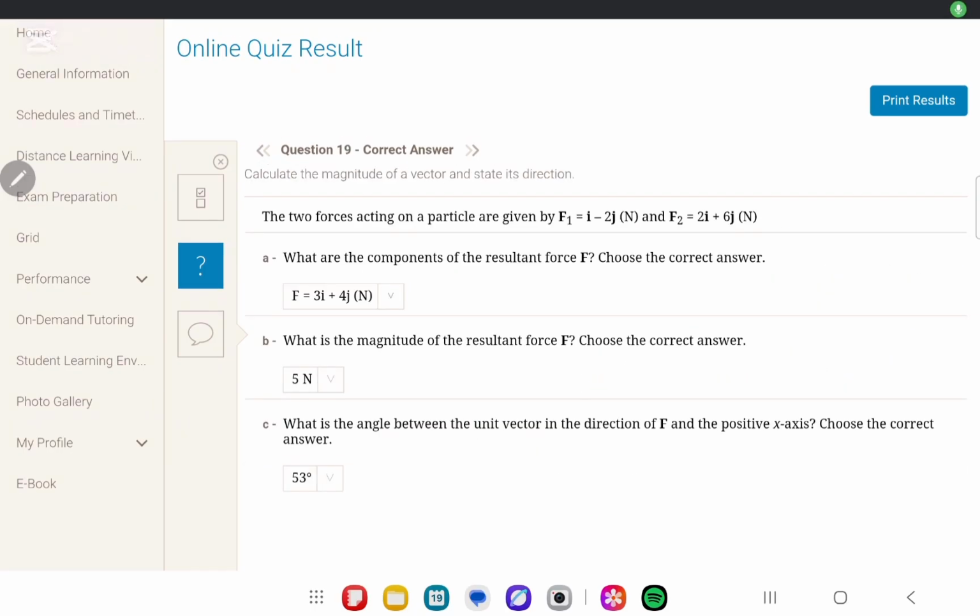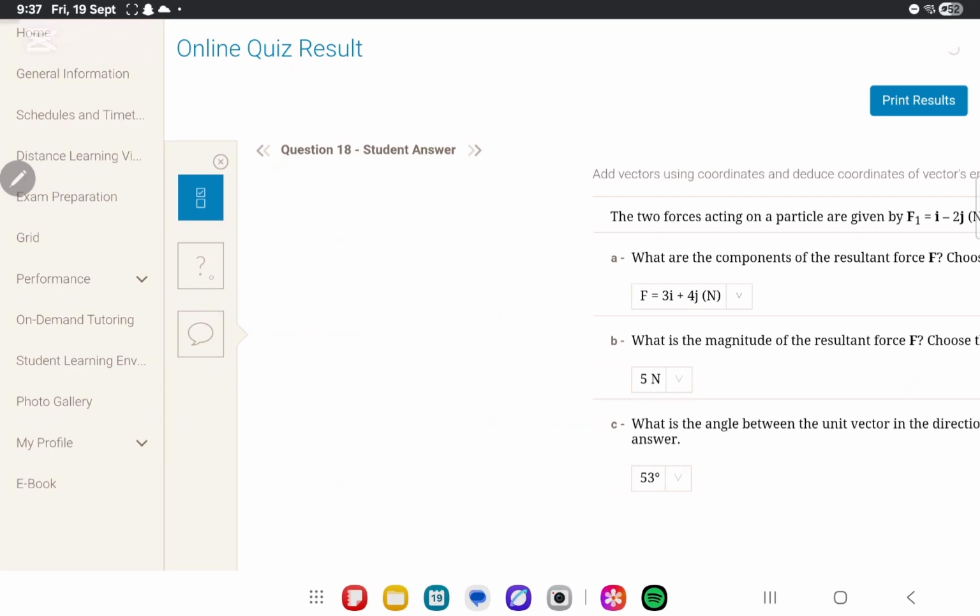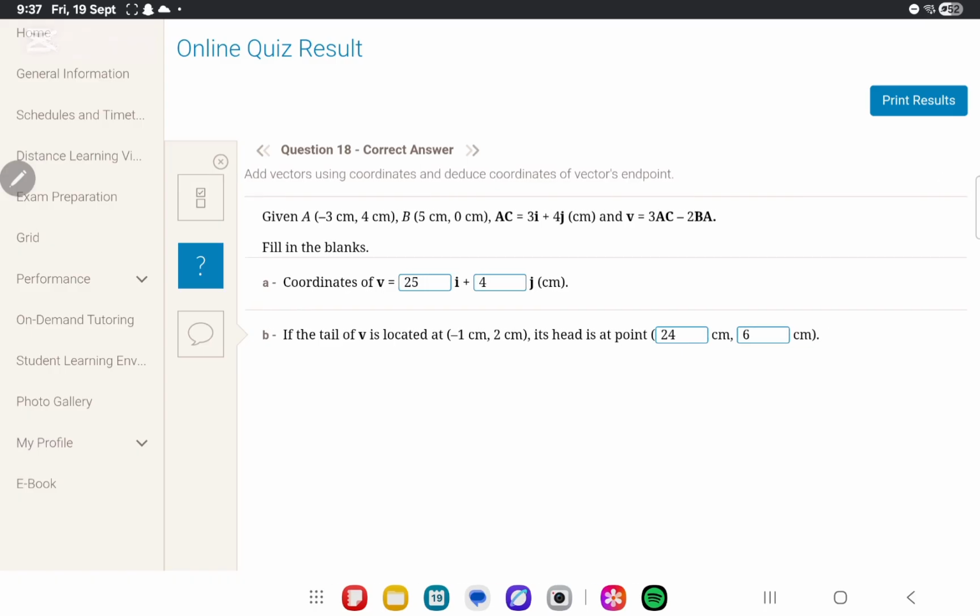So, for question 18, as you can see, it's the same exact question as one I covered literally 20 minutes ago. So I won't be repeating it, because genuinely it's the same exact question. This is the same exact coordinate, 24 and 6, and the same coordinate of the vector that we found when you find AC and BA.